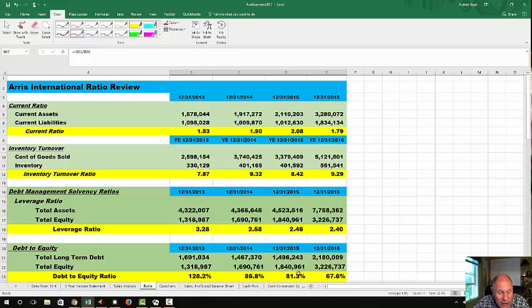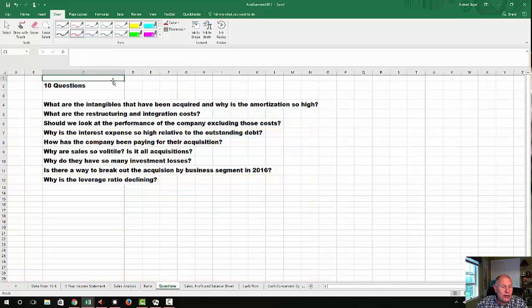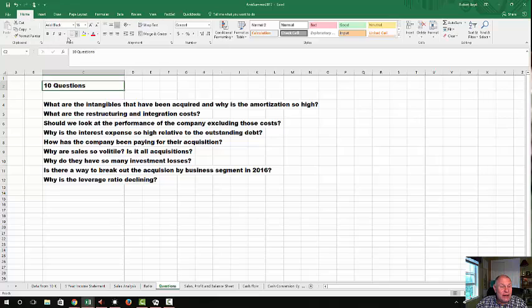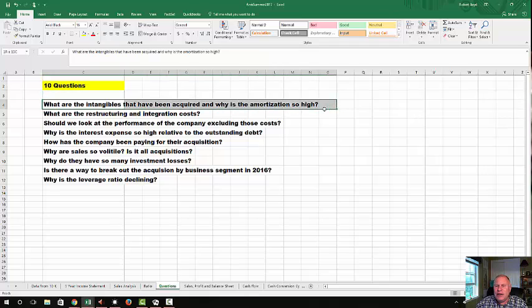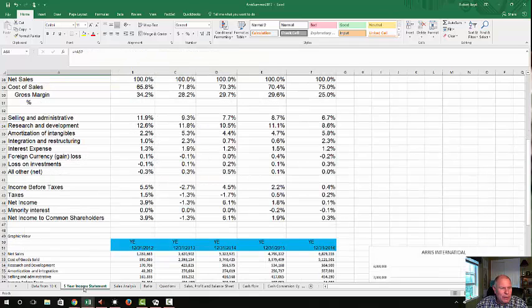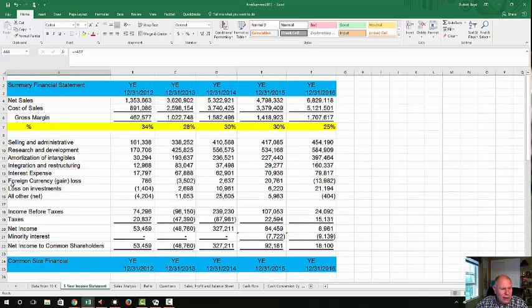So what I did is I came up with a set of questions, 10 questions for me, and that was based on, I went back and looked, what are the intangibles? Why is the amortization so high? So I'm coming up here, and what I'm seeing by this is, look at how the intangibles have grown.